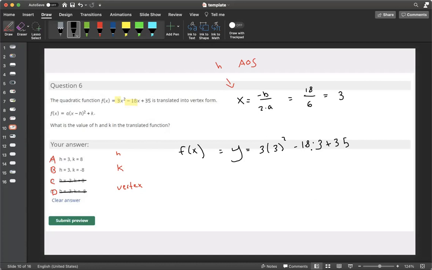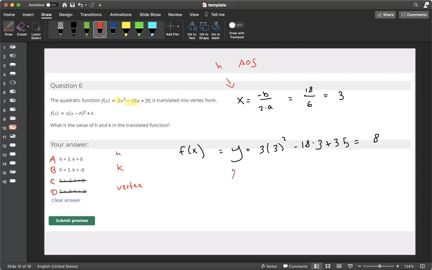So we enter 3 times our 3 squared minus 18 times 3 plus 35, and that gives us an 8 value. So make sure we know how to write these things properly into the calculator. So we need to know PEMDAS and proper calculator notation.